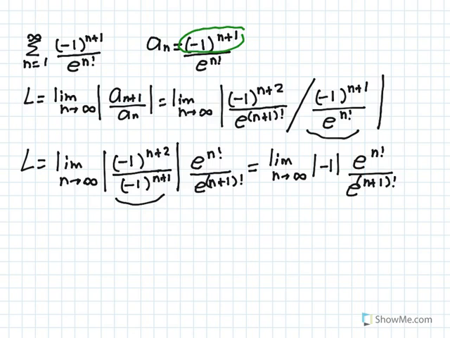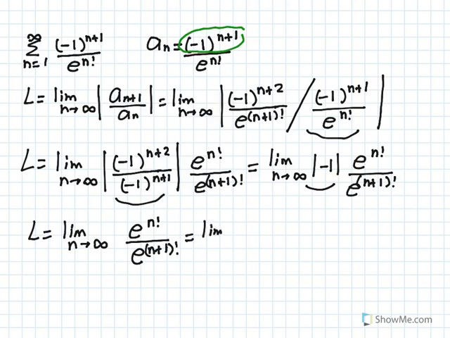This simplification is going to be a little bit tricky. So we have L equal to the limit as n approaches infinity. The absolute value of negative 1 is just 1. So we have e to the power of n factorial divided by e to the power of n plus 1 factorial, and we subtract off the exponents.